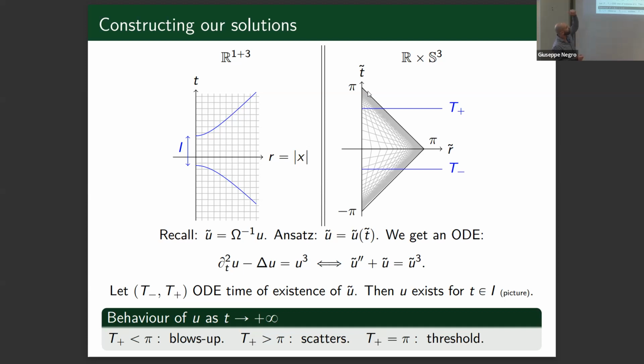If you blow up past pi, when you pull back to physical space, you scatter. If, on the other hand, you blow up before pi, when you pull back to physical space, you blow up. You blow up on that hyperboloid here. This is the blow-up region. In particular, the origin is where you first see a blow-up. And if you blow up in Penrose space exactly at pi, then you see the threshold solution.